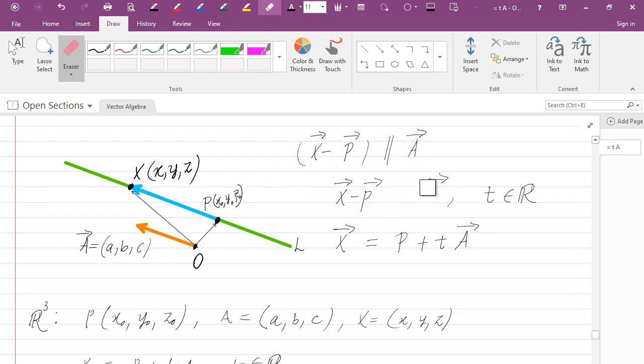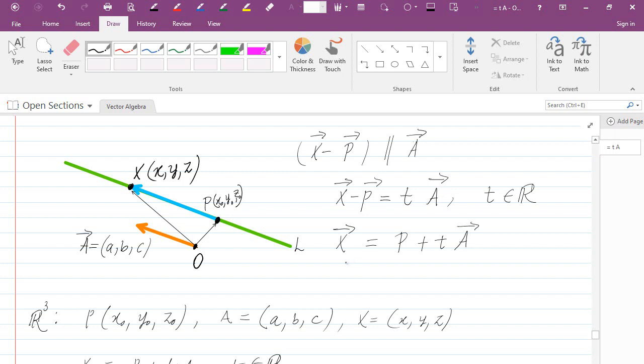What that means is that X minus P would be equal to t times A, where t is a scalar or a real number, since because they are parallel, one of them must be a multiple of the other.